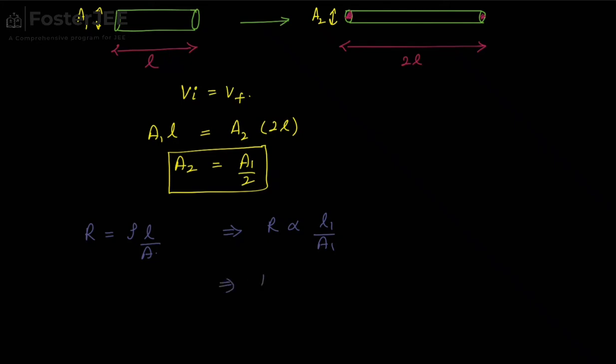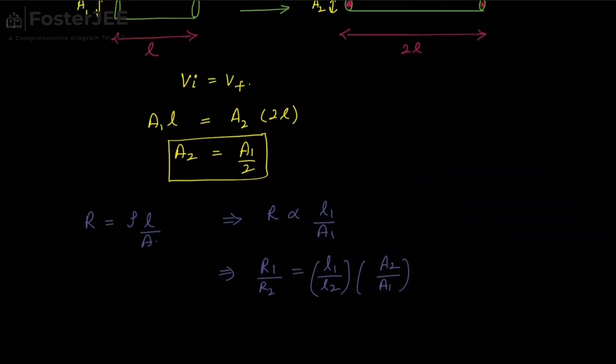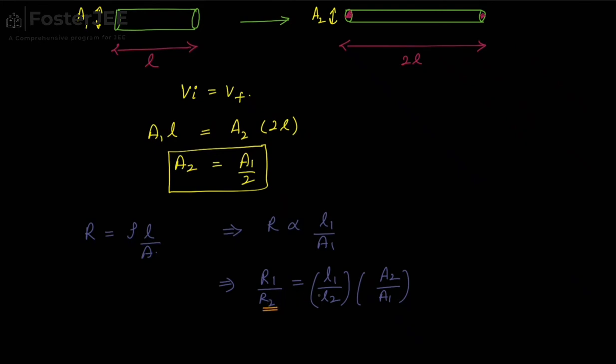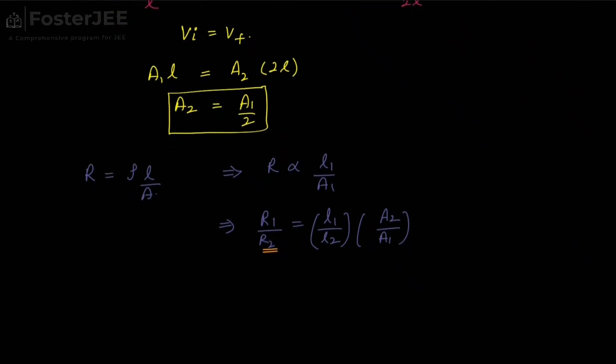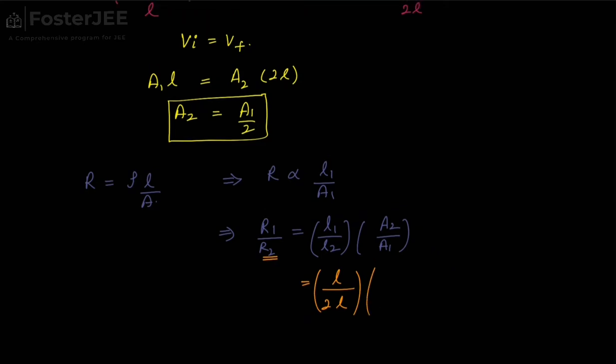From this we can say R1 upon R2 equals L1 upon L2 into A2 upon A1. L1 is the initial length which is L, L2 is the final length which is twice of L. Now A2 is the final area which is half of the initial area, that is A1 upon 2, and this is also A1.